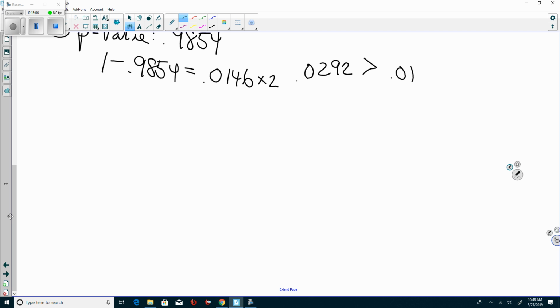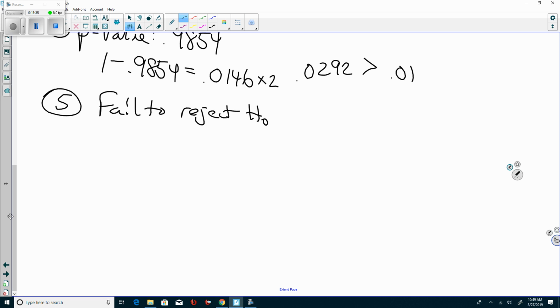And that's another one that's right in your notes. Is that page 13? Yeah, page 13, where you have your inequality symbols. And from there it tells you what to do in step 5. Since it's greater than, we fail to reject the null hypothesis.